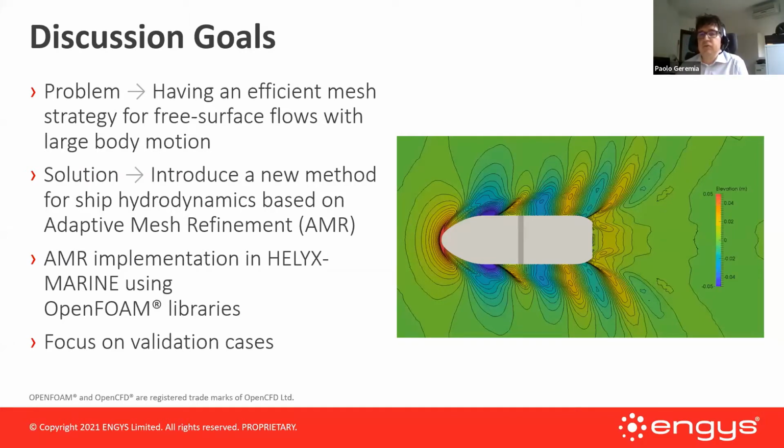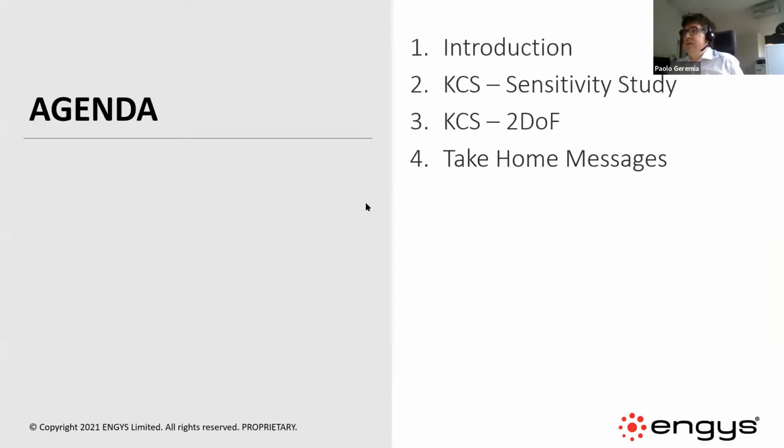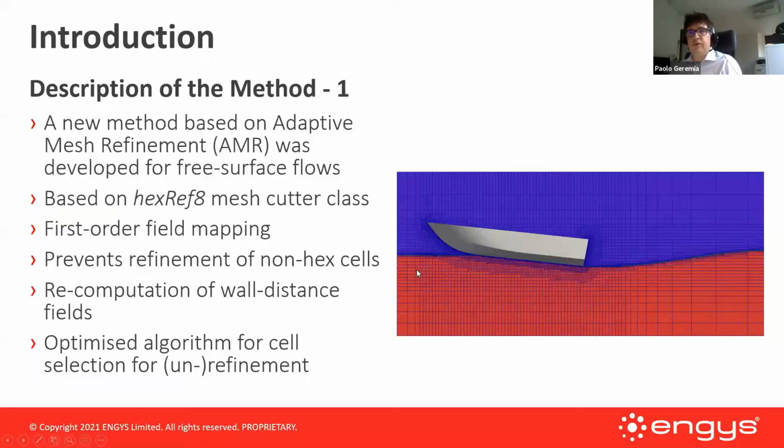And the main focus of this presentation is about validation cases. So here's the agenda for today's talk. I will start with a few words about the method itself, and then I will touch on a couple of the validation cases. And finally, I will draw some conclusions.